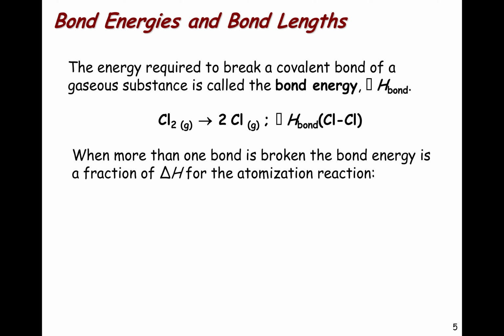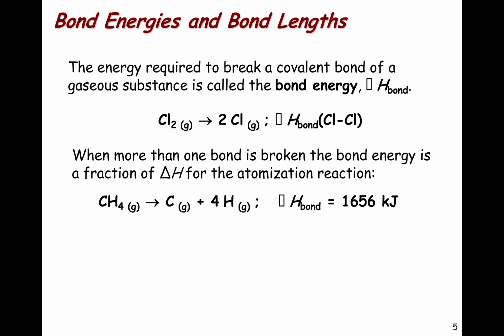However, if we have a molecule that has more than one bond, then we have to account for all of the bonds. So, for example, methane has 4 carbon-hydrogen single bonds, and so when we put energy into this molecule and break it apart into atoms in the gas phase, that requires 1656 kilojoules of energy per mole of methane molecules.